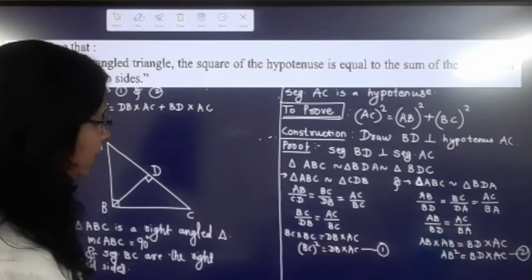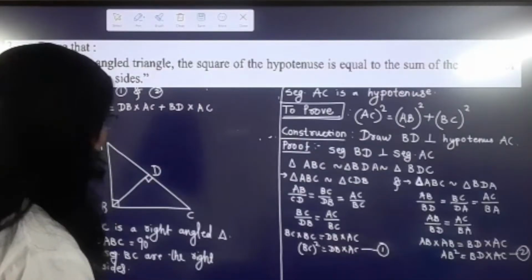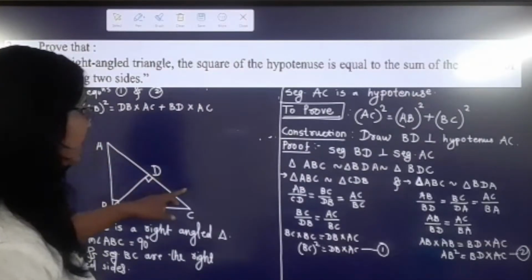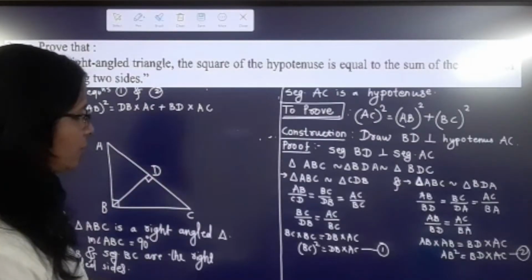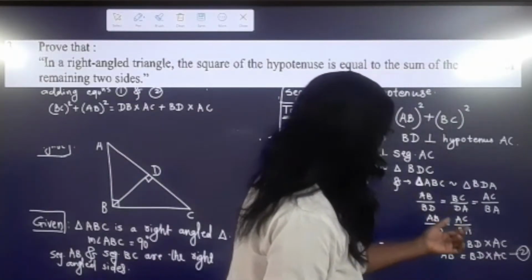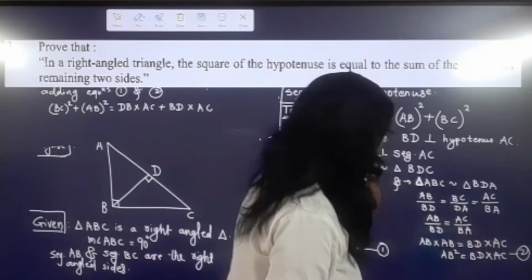Okay, so I think there is some mistake arising here. BDA and BDC. Okay, so here students I think there is some mistake that BD into AC, DA students, this part.